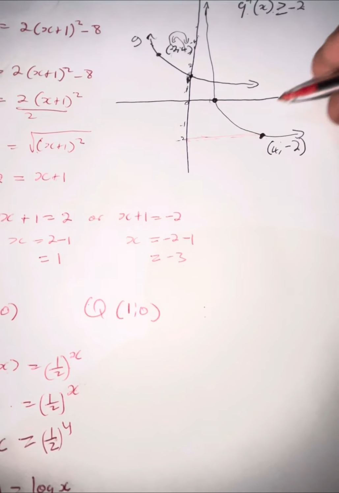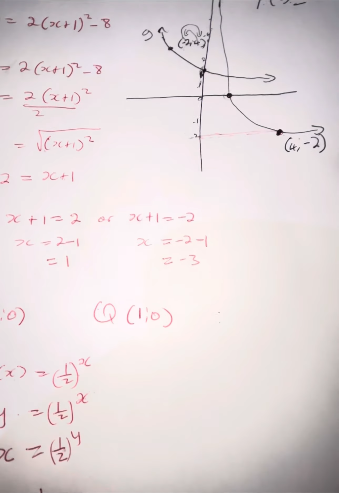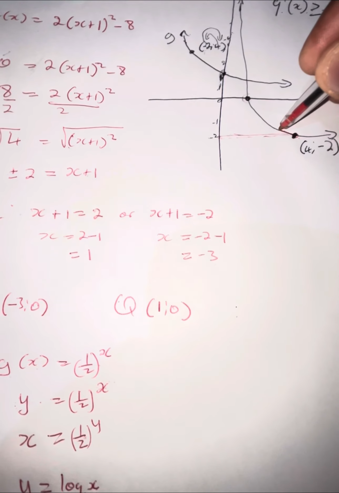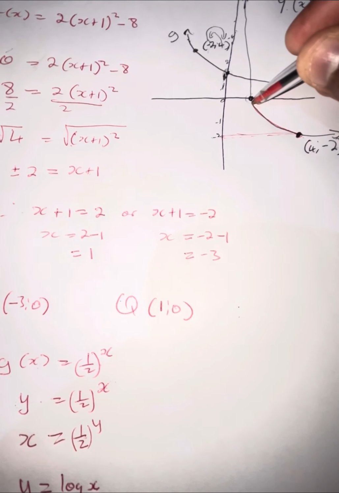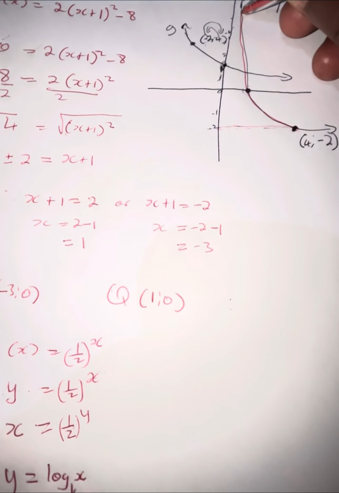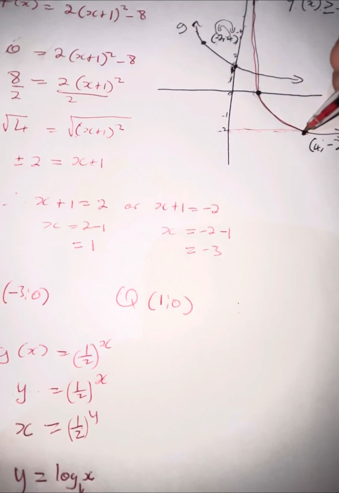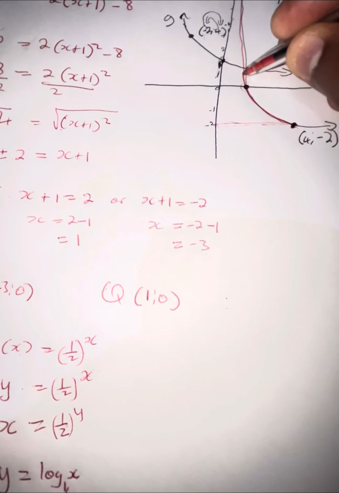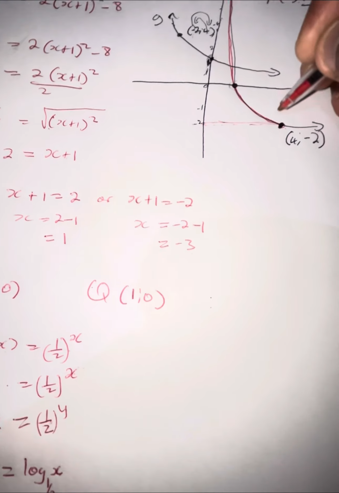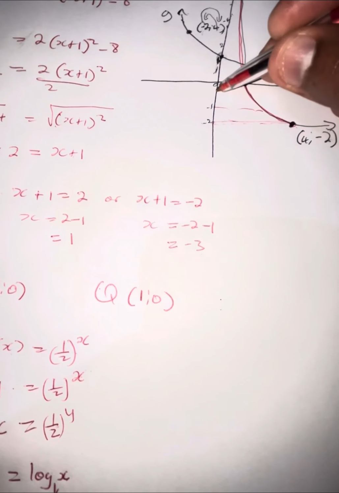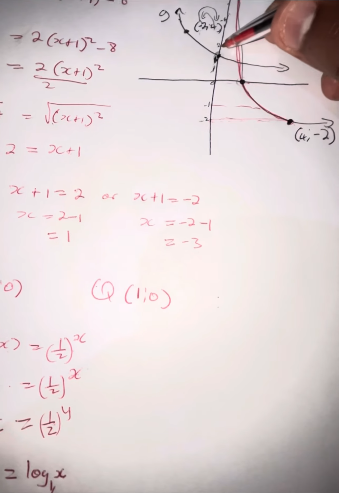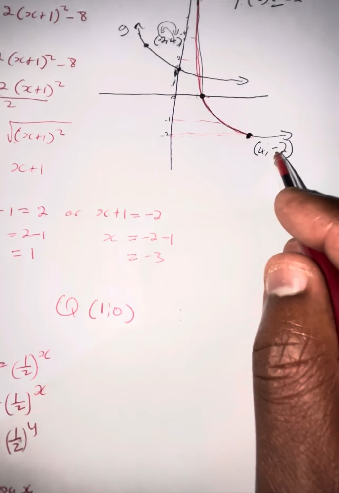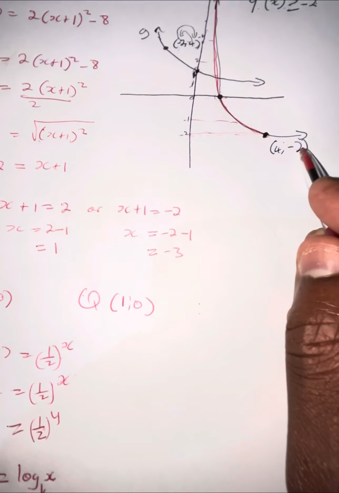So I change the x values from 4 moving to the y values. From this point here, moving to the positive y values. -1, 0, 1, 2, 3, 4, up to positive infinity. They are greater than -2.